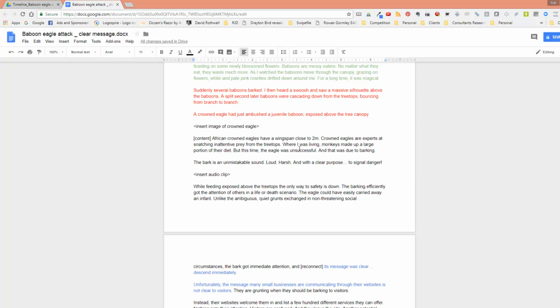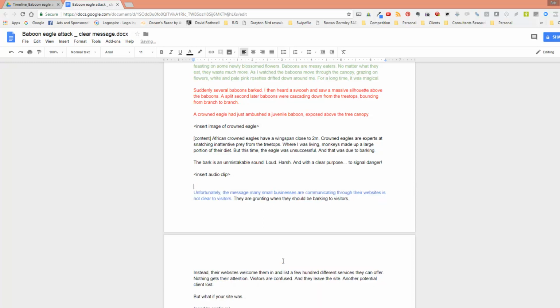I think the most interesting thing about this story is that there was this ambush, and we weren't sure if a baboon was going to be gobbled up by an eagle, but the reason that they survived was clear communication, and clear communication is his link between story and content. So I think we can get rid of the over-explanation.